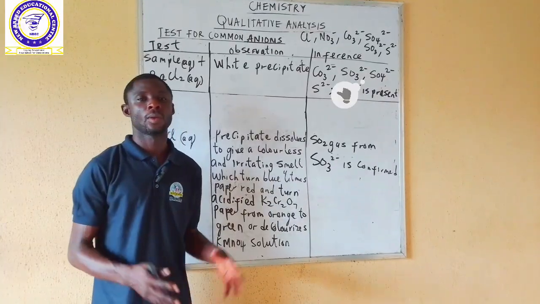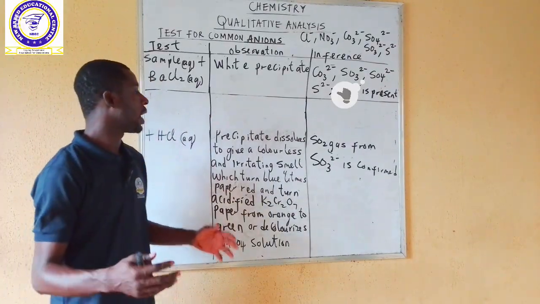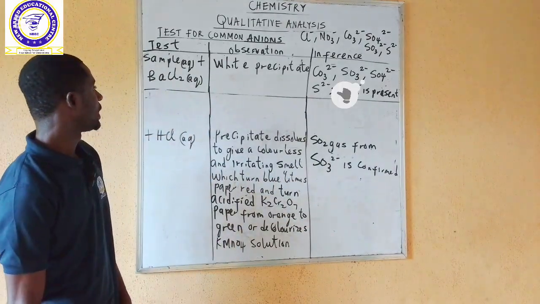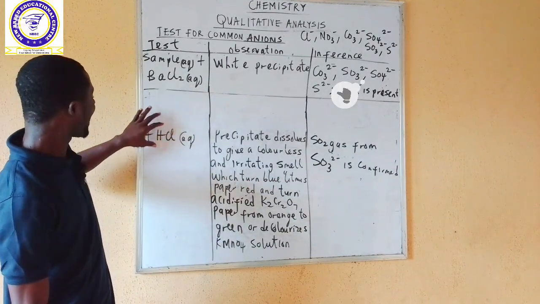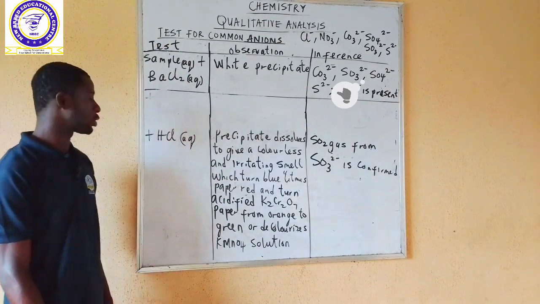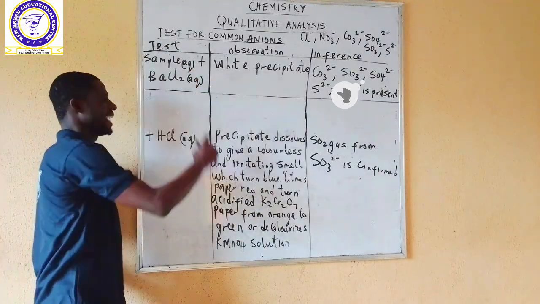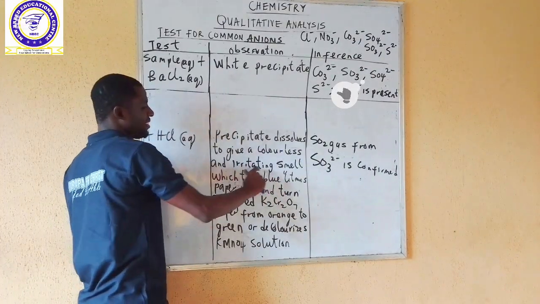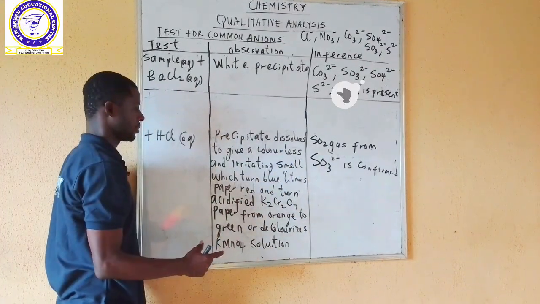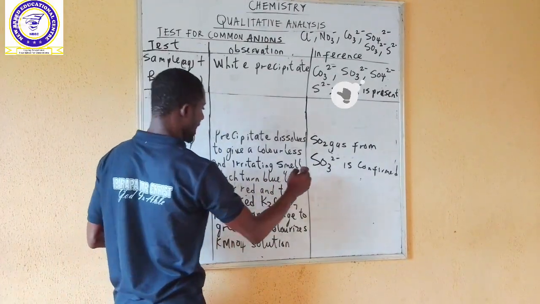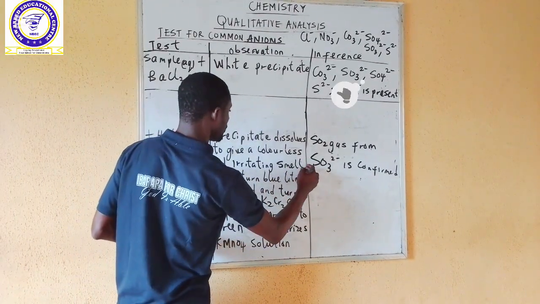Let's come to how to test for the SO3 2- ion. Now it's still the same thing. We are adding HCl to this test sample that we have added barium chloride to. If I add HCl to it and the precipitate dissolves to give us a colorless gas with an irritating smell.